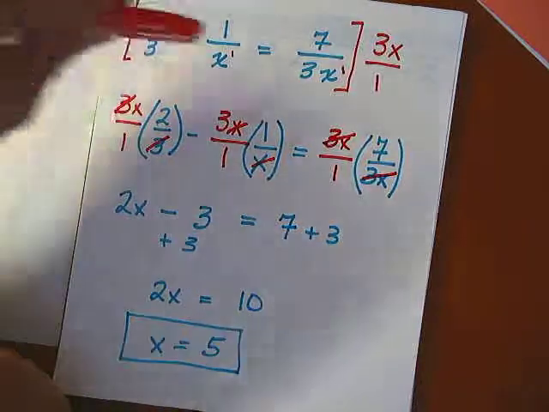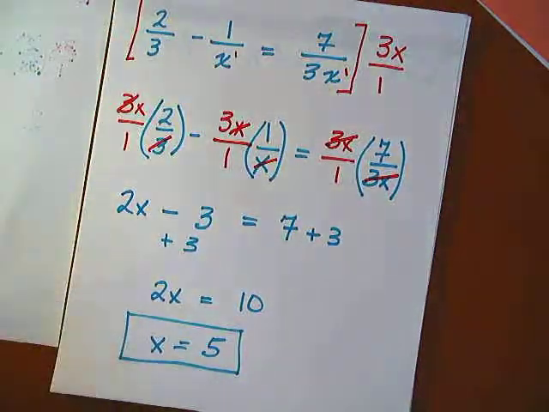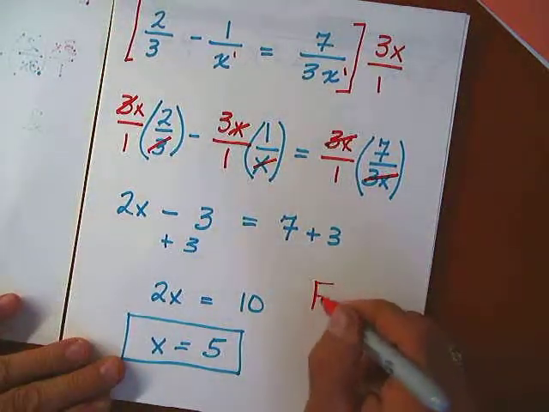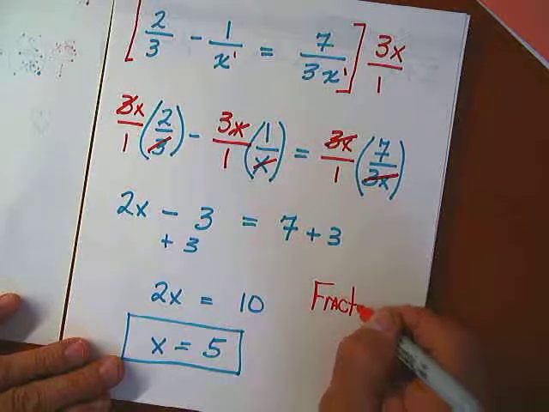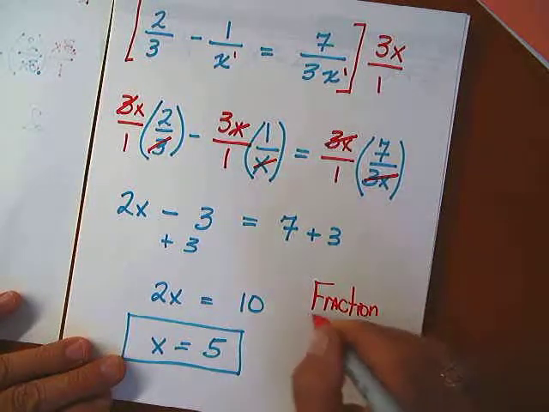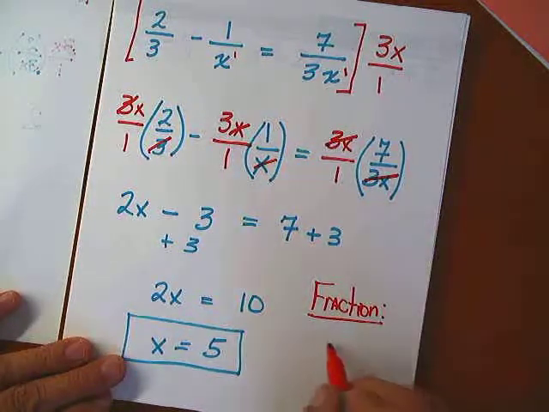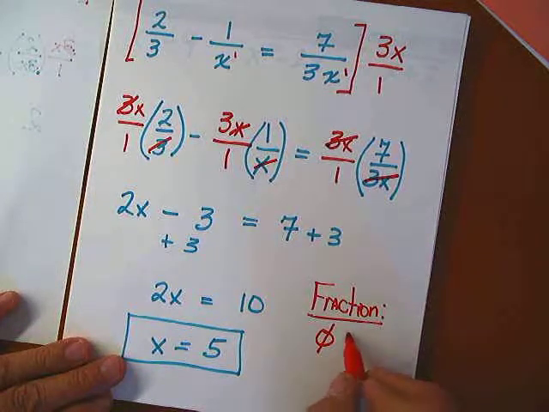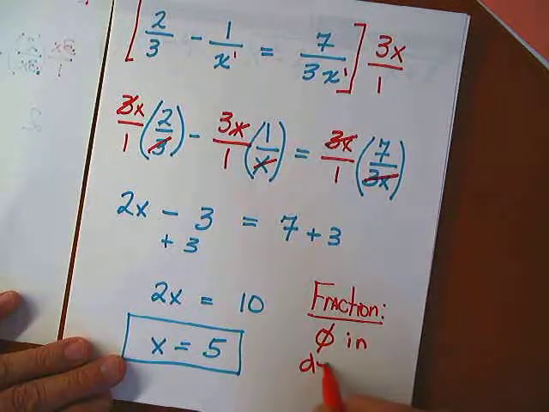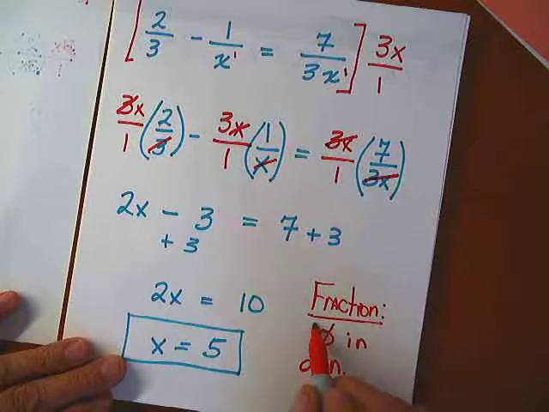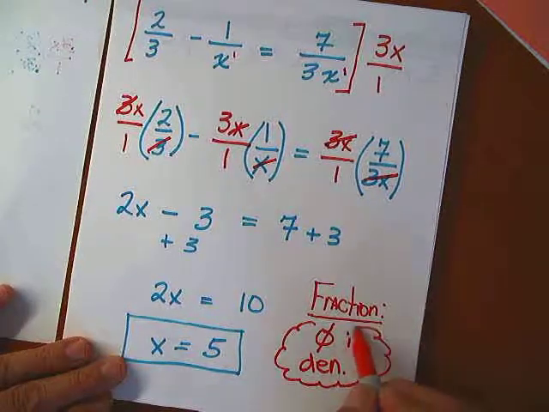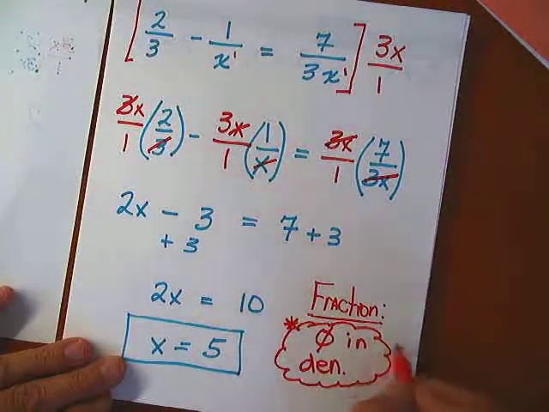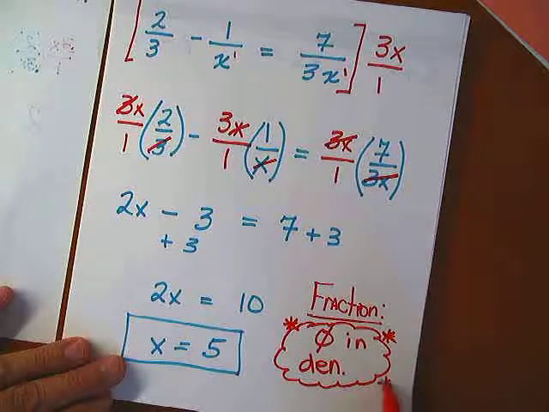Now, this is also a time that you have to check something else. Remember what we're dealing with here. These are called fractions. And what can you not have in a fraction? You cannot have 0 in the denominator.